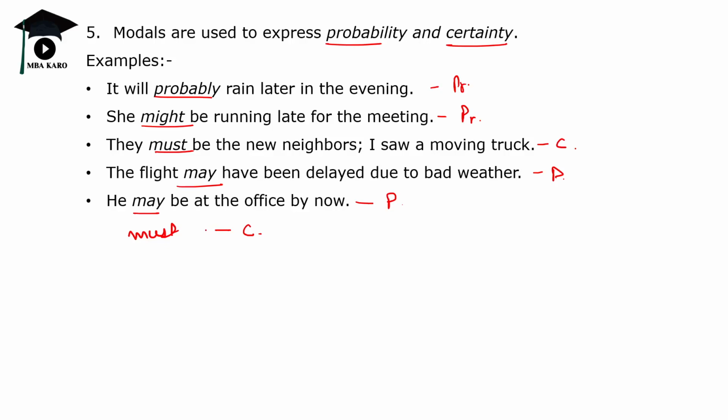So the modals for probability or certainty are the words we use: probably, might, may, probably, right? So modals are used to express probability and certainty.